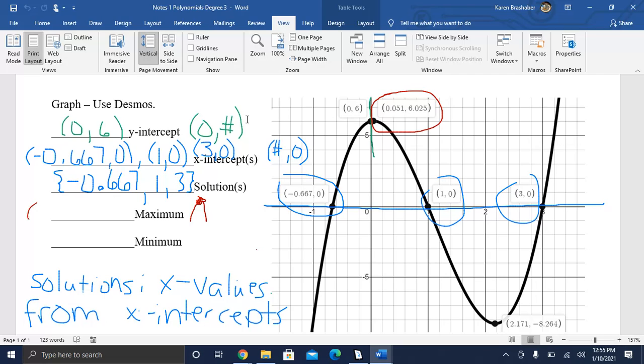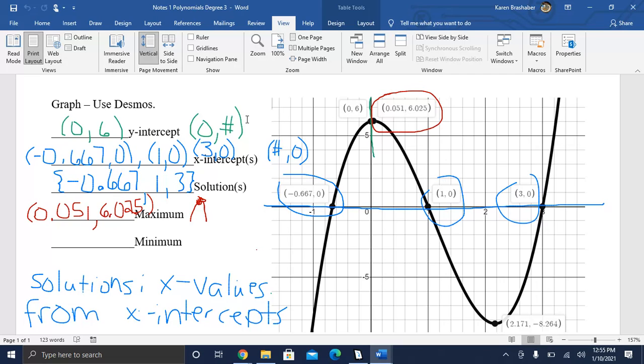And so it is 0.051, comma, and then 6.025. And you'll have one maximum on these, and then a minimum value.